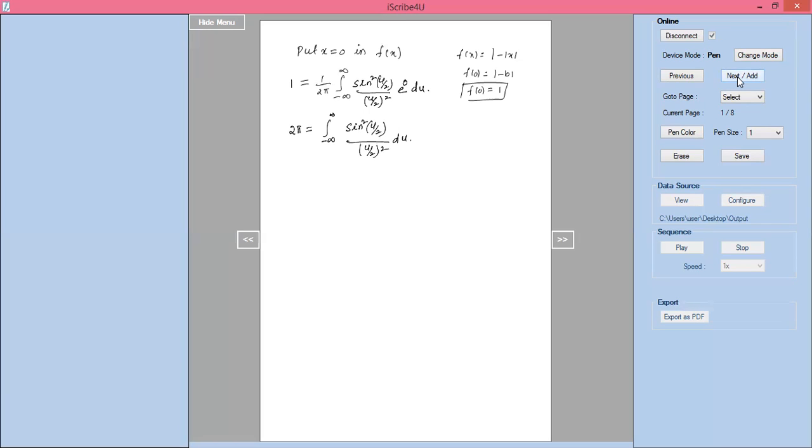Now, sine square x divided by x square is an even function.